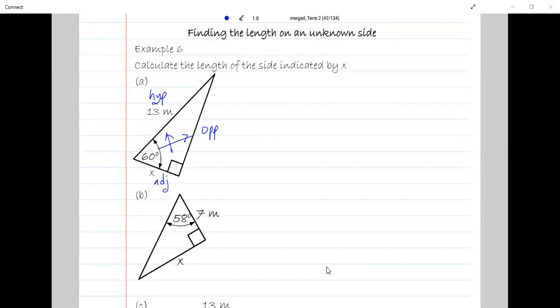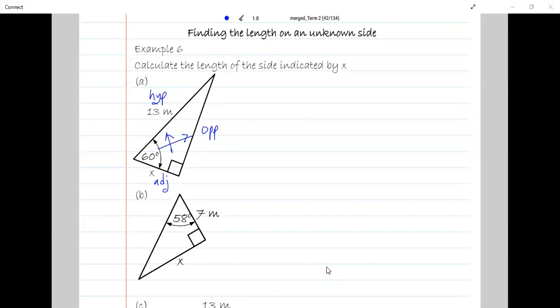Then I'm going to ask myself, and I'm asking you, and you all can answer, which trig ratio includes adjacent and hypotenuse? Remember, I know the opposite is not involved at all because I don't know the opposite. I'm not asked to find the opposite, so it's not involved in the question. Which trig ratio includes adjacent and hypotenuse?